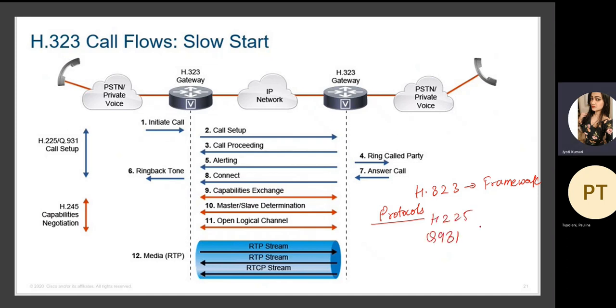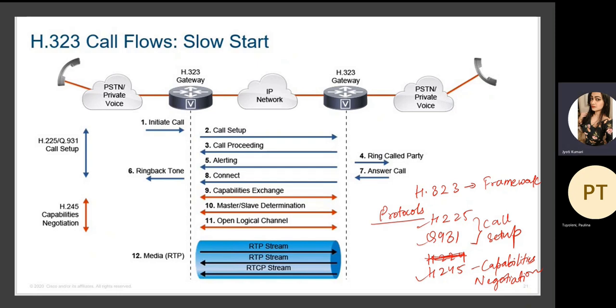These two are the protocols used for call setup, and H245 is used for capability exchange or capabilities negotiation. Okay, so these are the three protocols. This is also important from an exam perspective. You should know. All right.